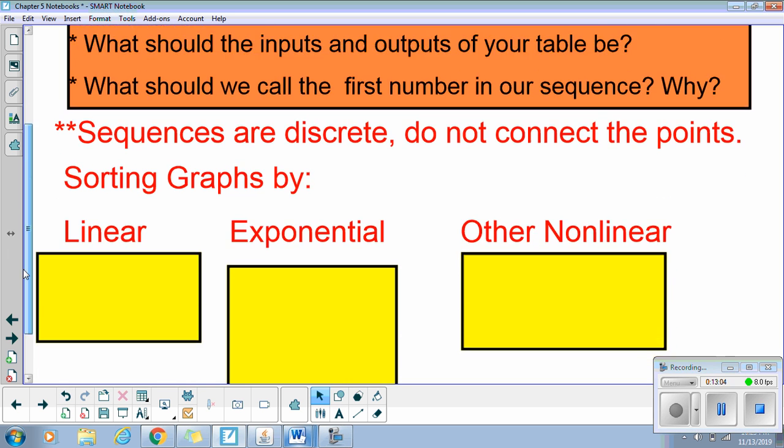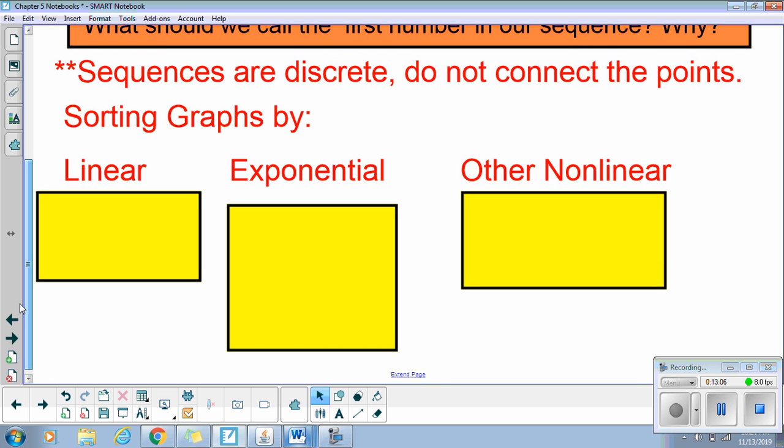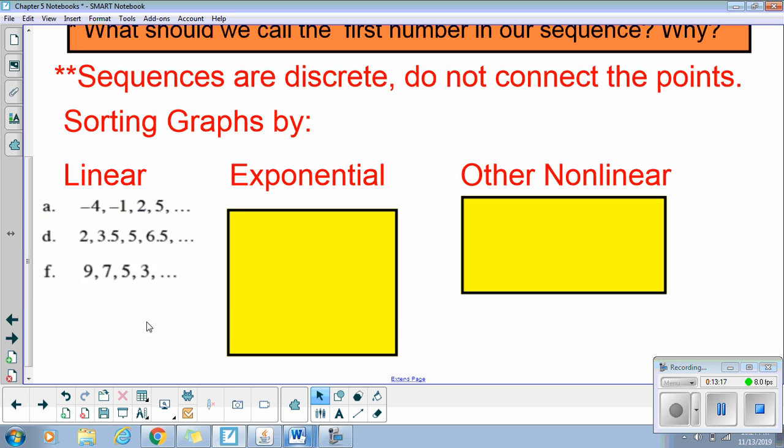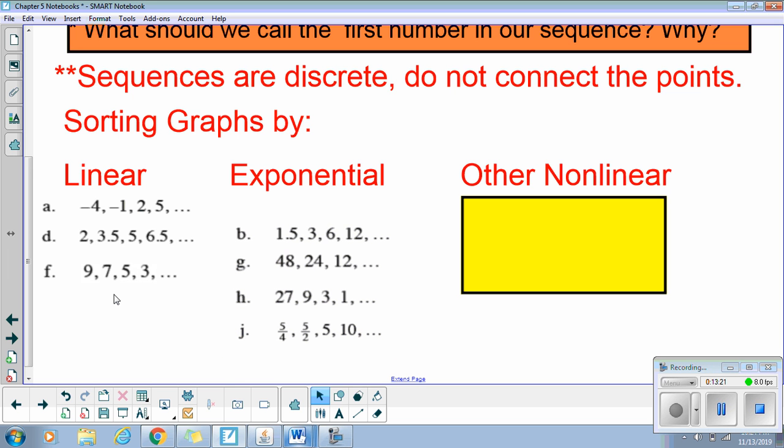Okay, so you're probably pressing play again. And here is the example of what you should have for your final sort based on the picture, aka the graph that you created. So A, D, and F were linear graphs. B, G, H, and J were considered exponential based on how they look.